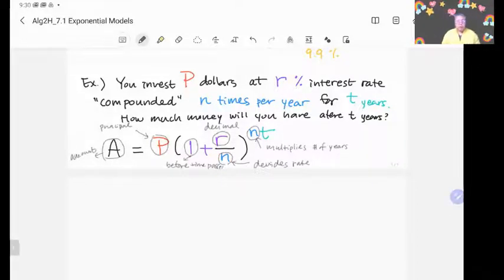Okay. If you haven't, go back and watch the UC Scout video, and there are a couple of problems solved there. Sometimes you are asked about this situation: how much will you have? Or, like we saw previously in an example, sometimes you are supposed to find the rate.